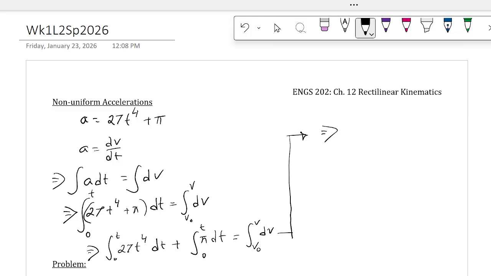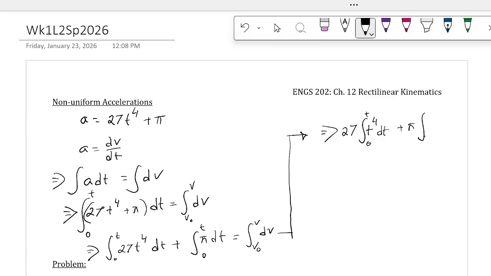Okay, so then what? Anytime you have a constant inside the integration, you don't integrate the constant, you just take it out of the integration, right? So you have this 27, we're going to take it out for sure. And then you keep the t to the power 4 dt, with limits 0 to t. Pi, you're going to take it out.